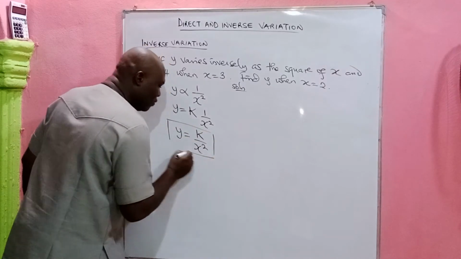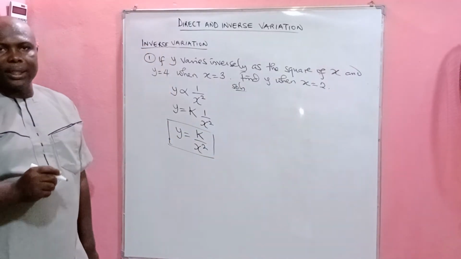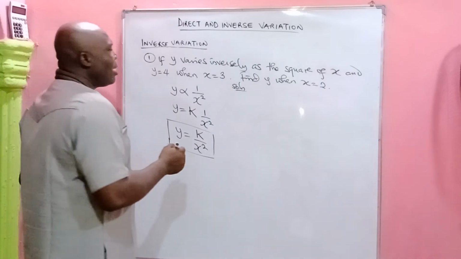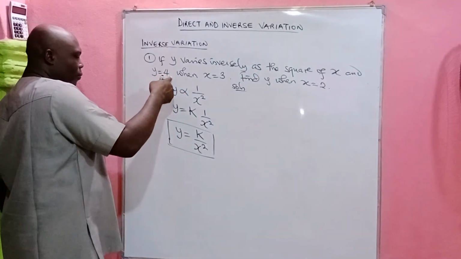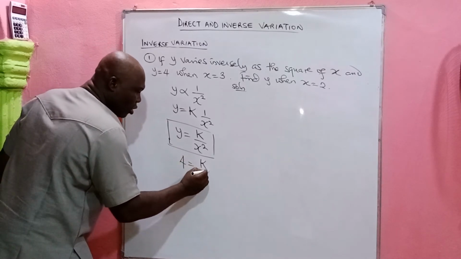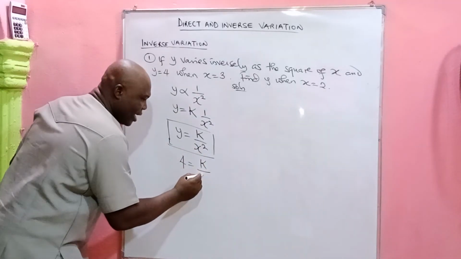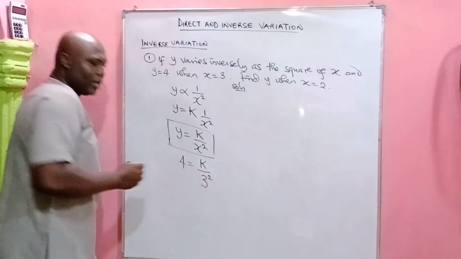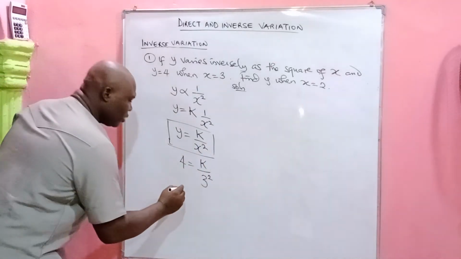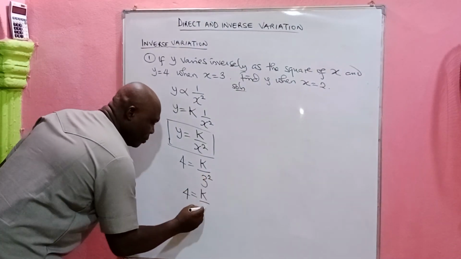When we are trying to look for the formula connecting both variables, we will still bring out this, just as we've been doing. Now they say y is 4 when x is 3. So you have x being 3 before the square. Very simple. So 4 is equal to k all over 3 squared, being 9.